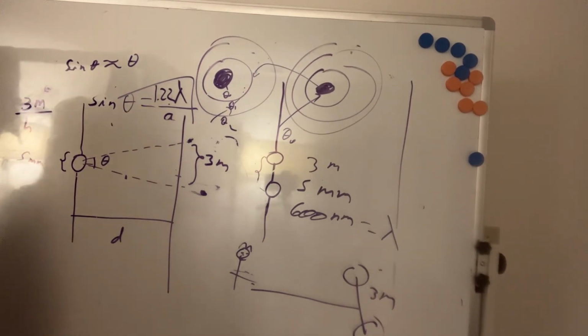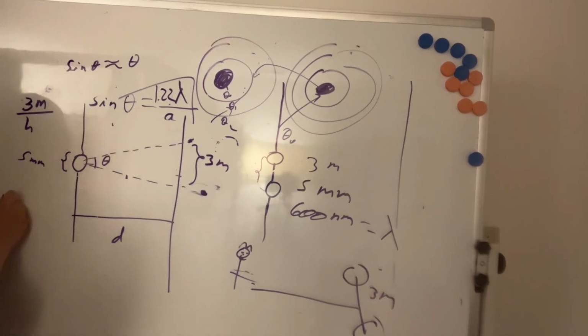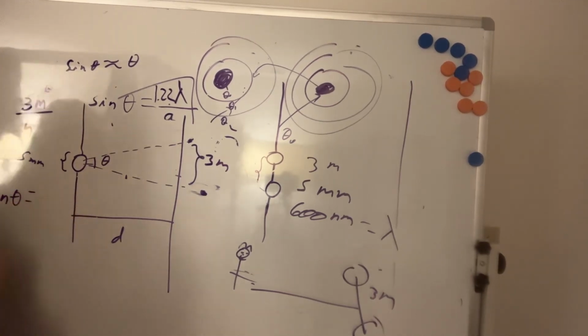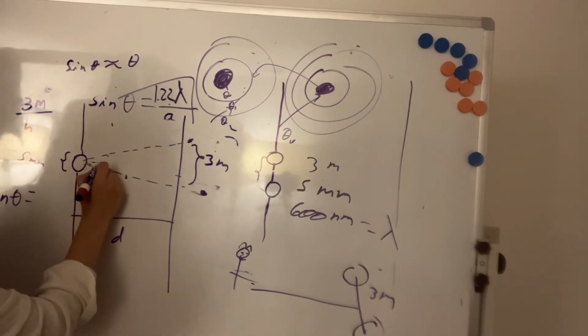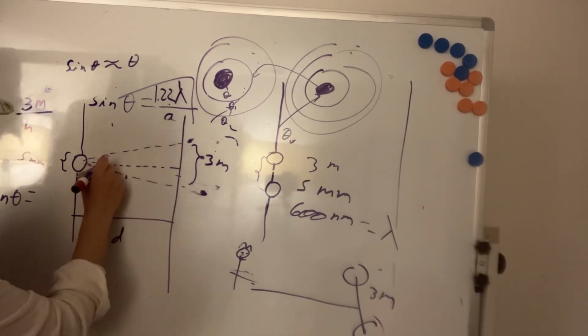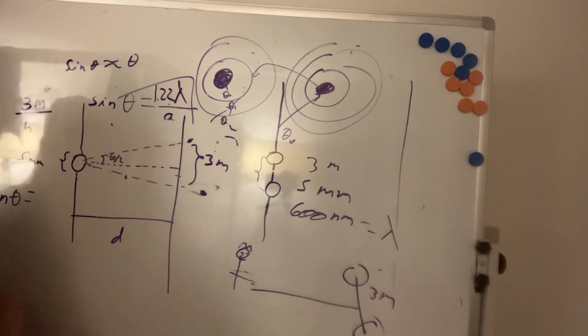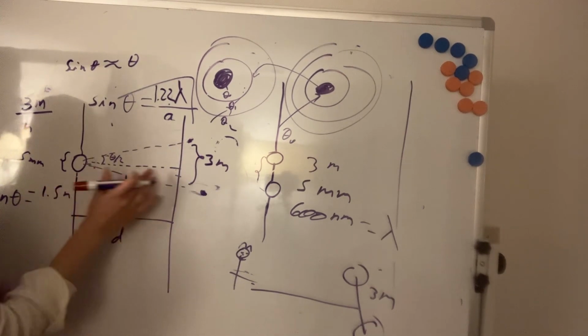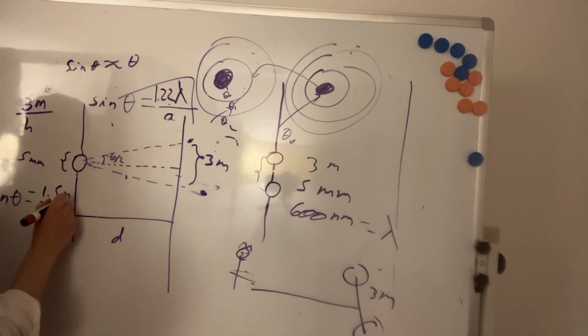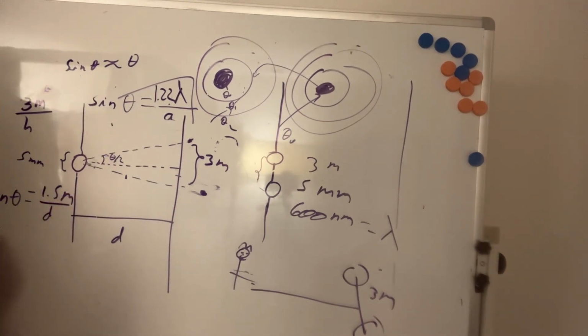Alright, maybe we could use tangent. So tangent of theta, actually let me do it with theta over 2. So tangent of theta over 2 is 1.5 meters divided by D. Again, for the small angle approximation, the tangent of theta is the same as theta.